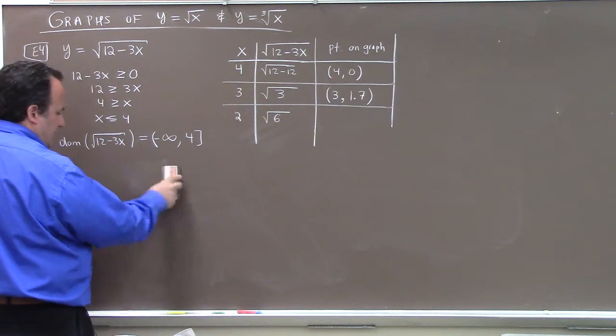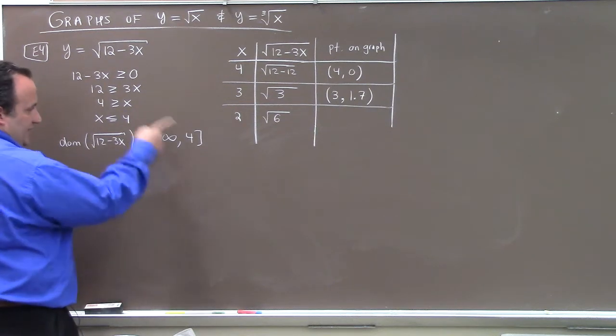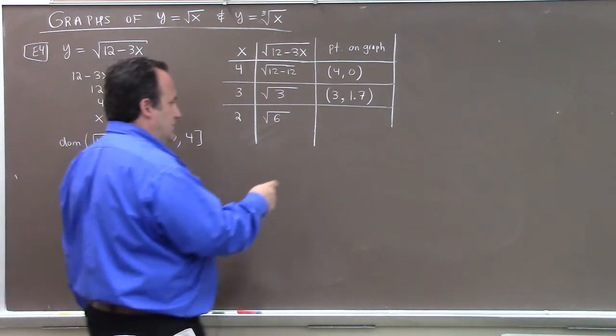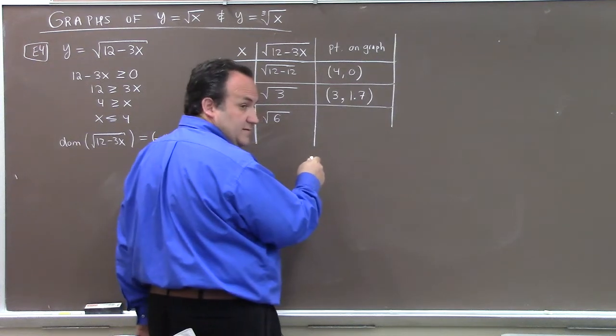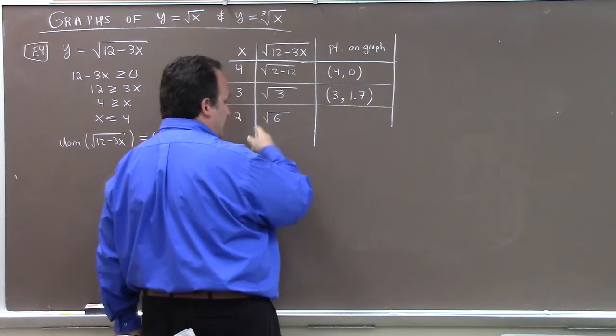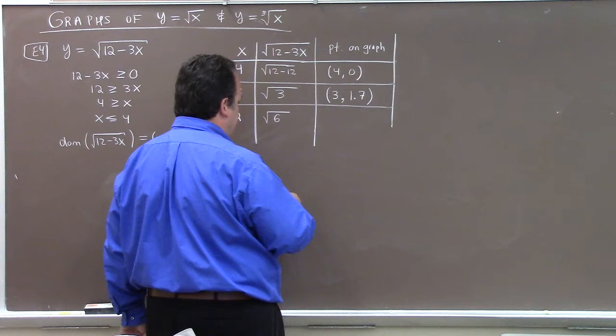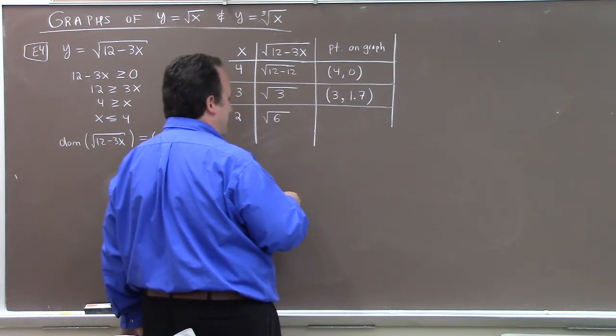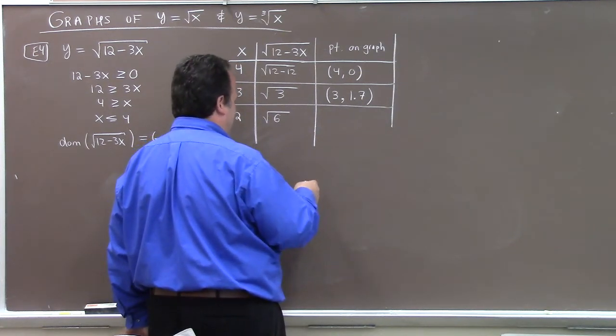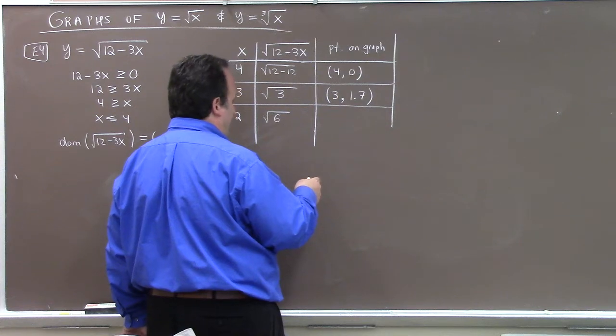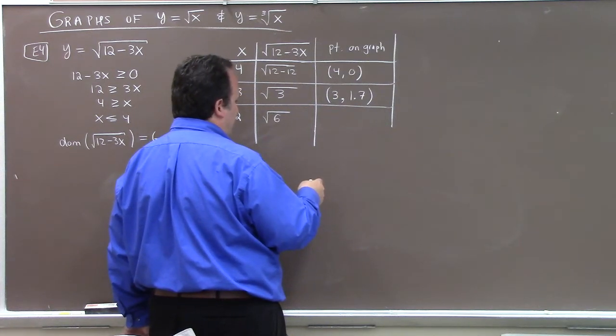Oh, never mind me. So what do you got? The square root of 6 is what? The decimal? Oh, the calculator's too smart for its own good, huh? This is 1.56.